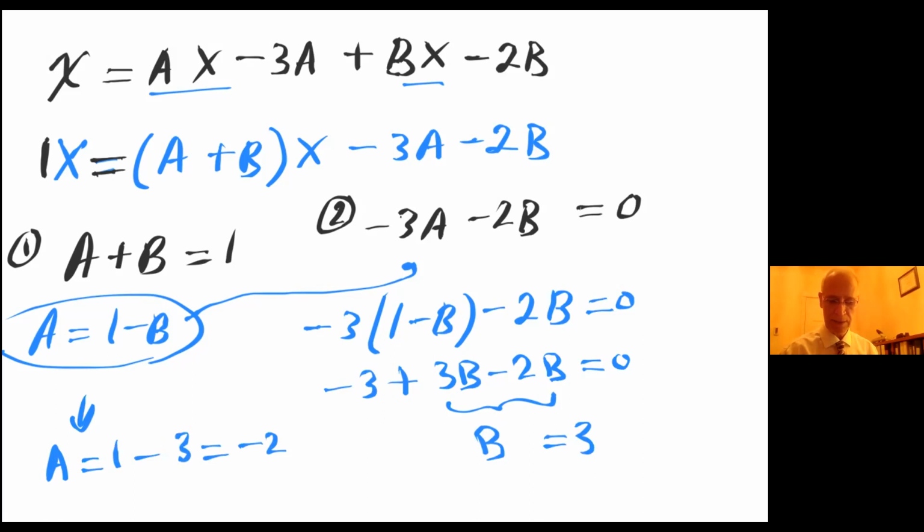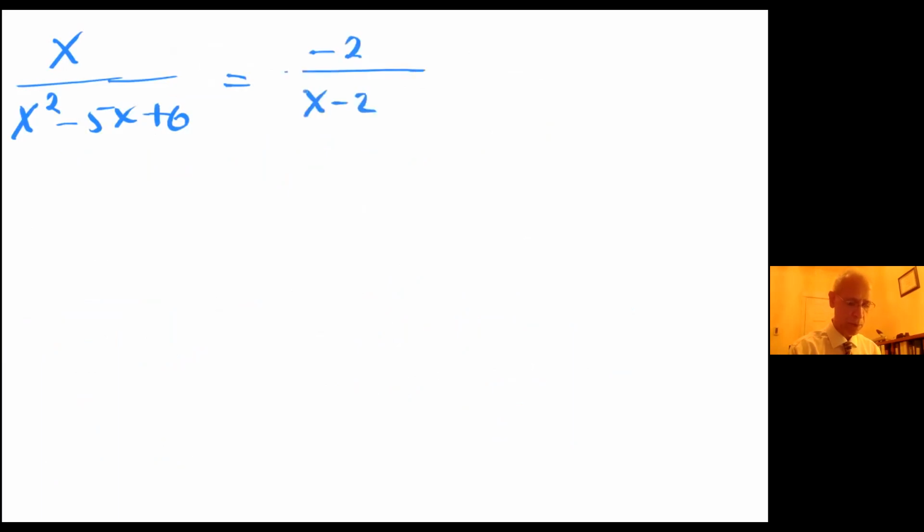So a equals negative 2 and b equals 3. So for the final answer, I can write that x over x squared minus 5x plus 6 equals a, and we found out that a happened to be negative 2 over x minus 2 plus b, which was 3 over x minus 3.